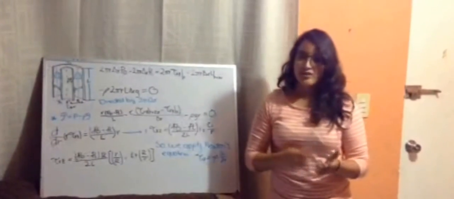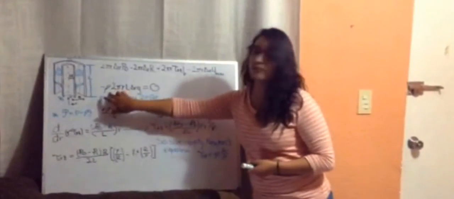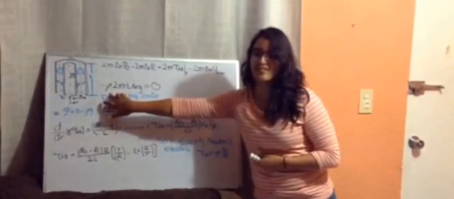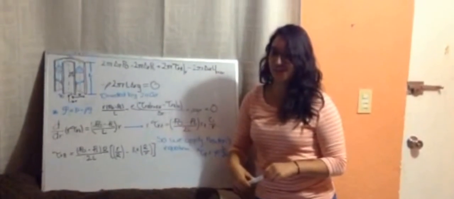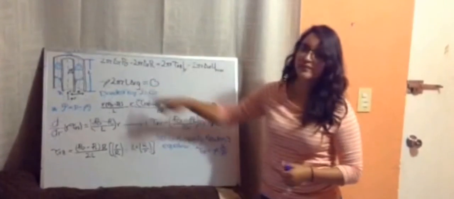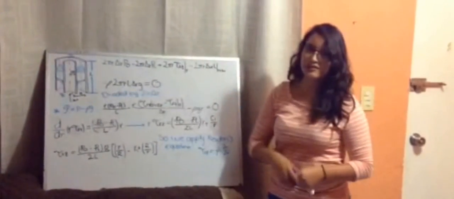Also, we can consider the fluid's density times again the area of the tube, the height, and the gravity, and this expression is equal to 0.